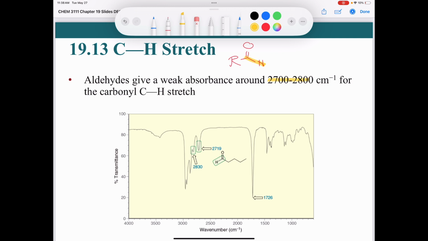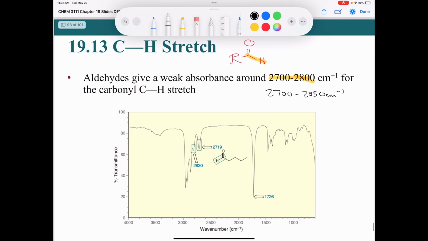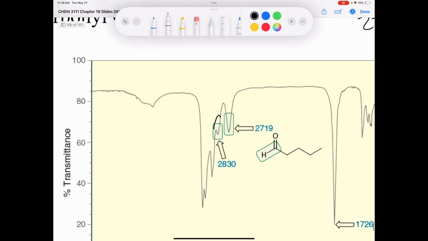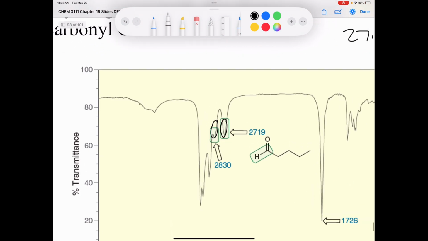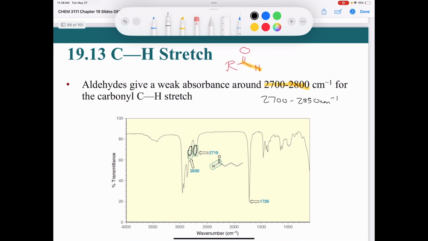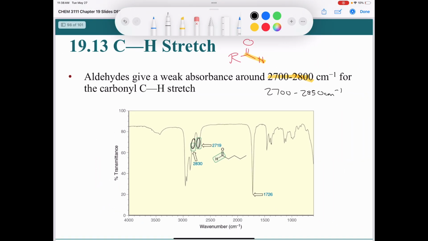In your textbook, though, he's saying that there's just two signals between 2700 and 2850, and I guess that's probably more accurate. But again, I always remembered 2750 and 2850, and you can see those here. They're not super pronounced, but you can see them here in the green boxes.